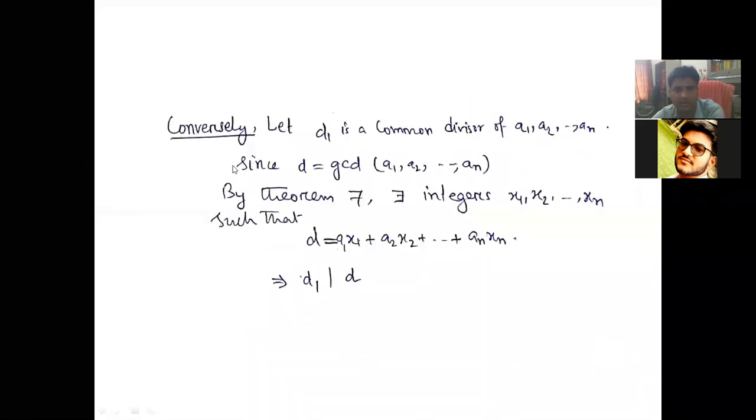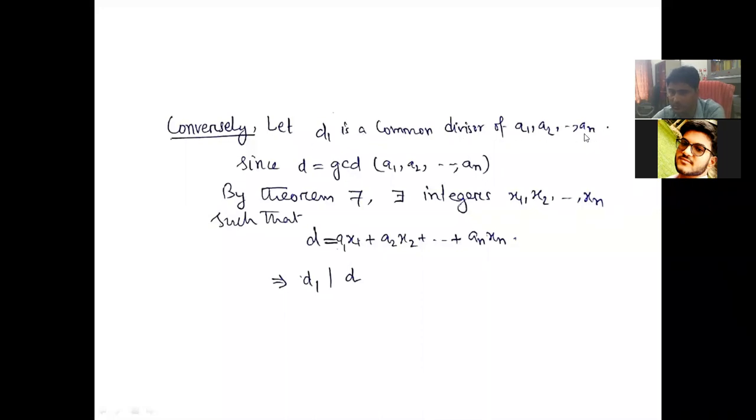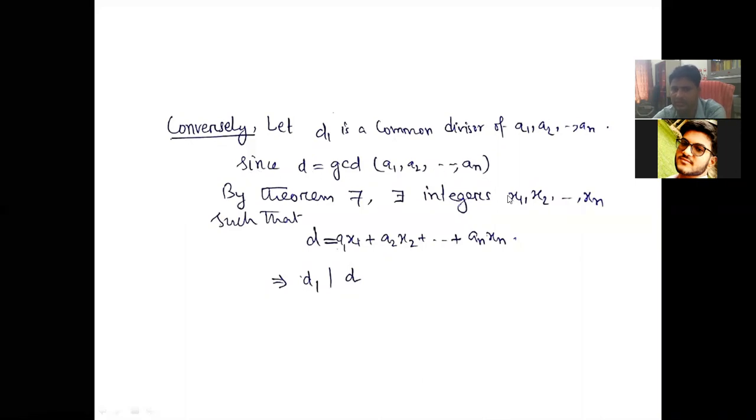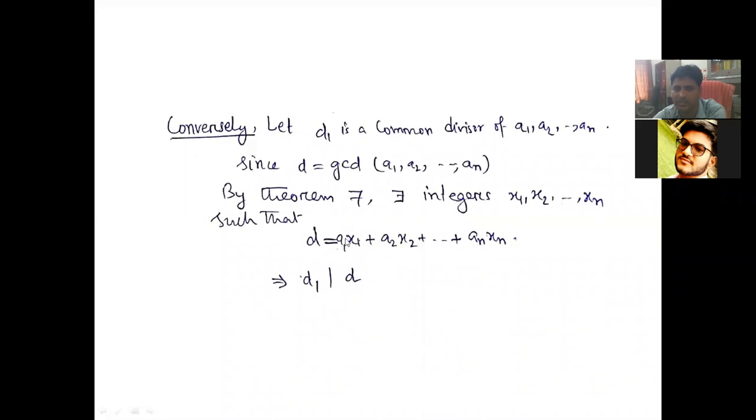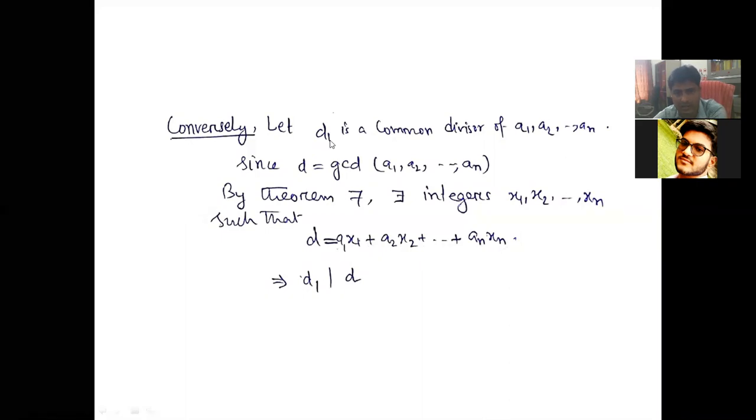Now second, conversely, let D1 be a common divisor of A1, A2, ..., An. Since D is the GCD of A1, A2, ..., An, by theorem 7 there exist integers x1, x2, ..., xn such that D equals A1x1 + A2x2 + ... + Anxn.